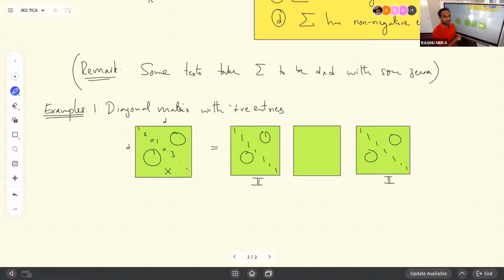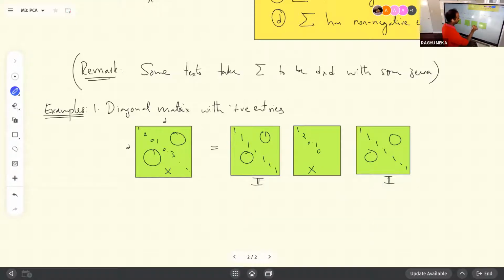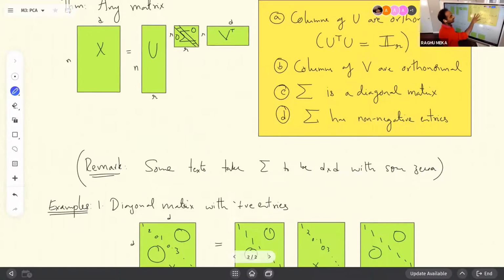But what should I take the middle one? The only constraint on the middle one, sigma, was that it should be diagonal and have positive entries. So what can I do then? I can just take this to be x. Okay? So this is a singular value decomposition of the matrix. I'm writing it as a product of three matrices where each one satisfies the conditions required of the singular value decomposition. Okay?